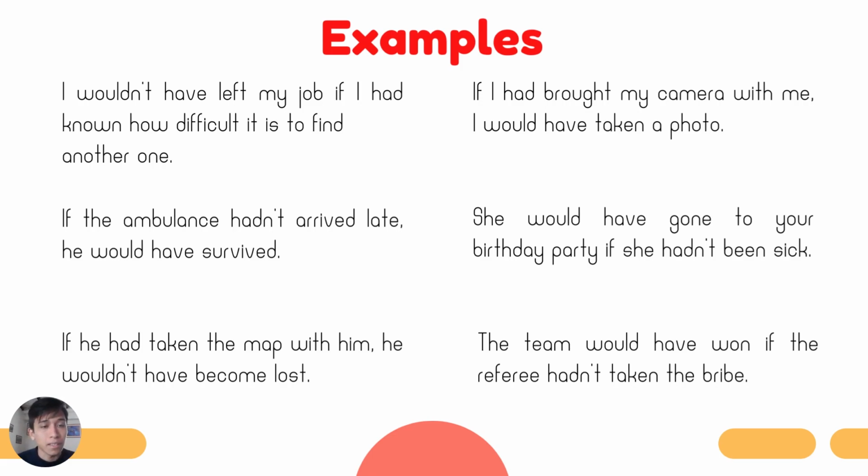And as I said, in the main clause, we have would have plus the past participle of a verb, while in the if clause, we have the past perfect only. If I had known how difficult it is to find another one, I wouldn't have left my job.